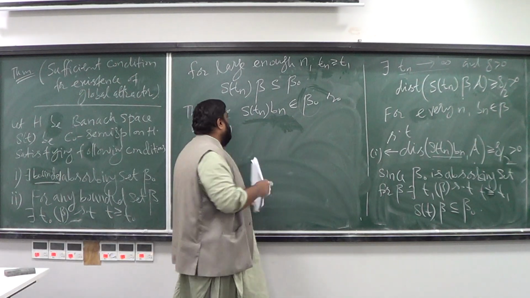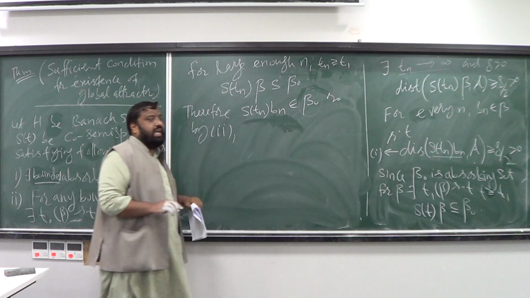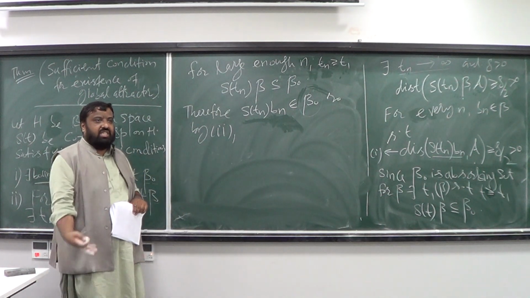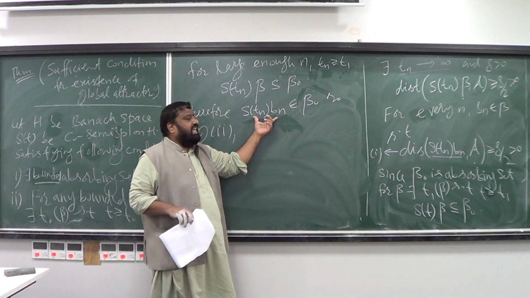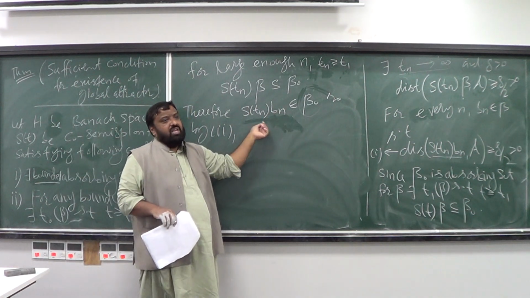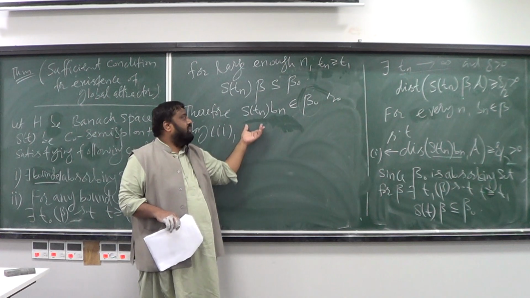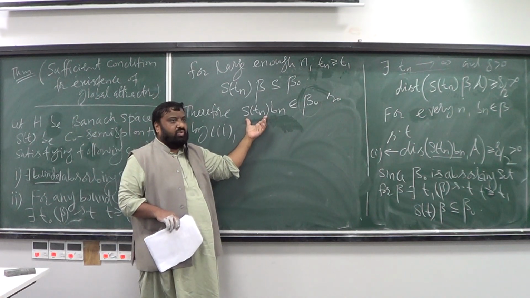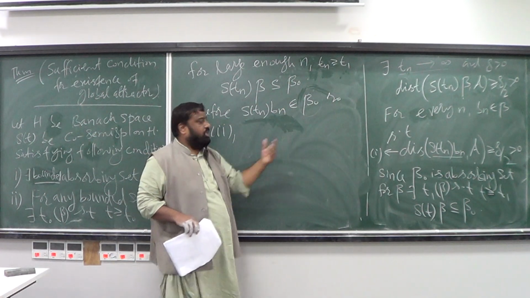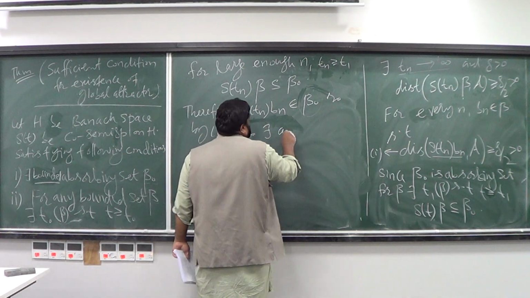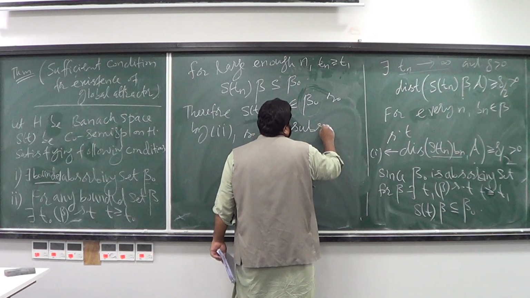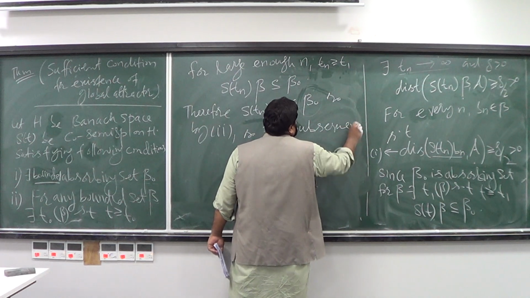And what do you mean by a sequence to be relatively compact? That there exists a subsequence that is going to converge. So if this is relatively compact in H, there exists a subsequence of this sequence that will converge in H actually. So there exists a subsequence.